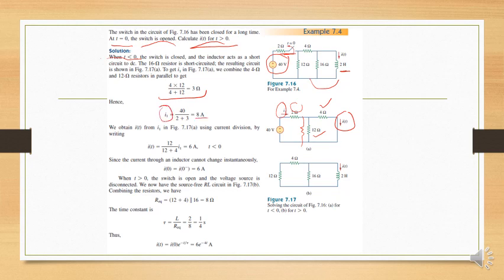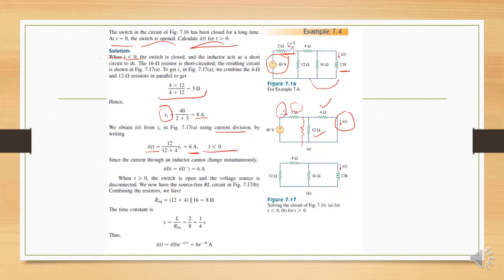After finding i1, that is the current which is going to divide in the 12 ohm and 4 ohm resistors. So you can apply the current division here: 12 over 12 plus 4 multiplied by i1, which is equivalent to 6 ampere. 6 ampere is our current iL at time t less than 0.